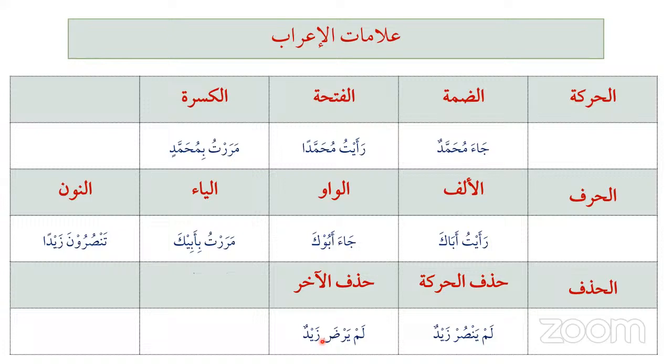So the point here is removing something at the end is a sign of a word being in a particular state, and in this case, the fi'l mudari is in the state of jazm because of lam. It's a sign. Also, what's a sign? Hazfun noon. Removal of the noon i'rabi is a sign of the fi'l mudari being in a particular state.